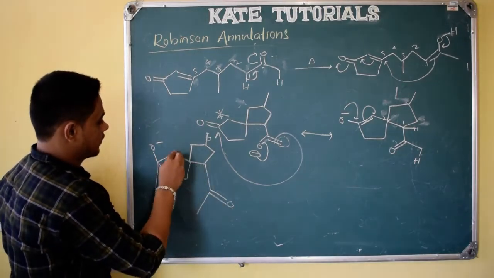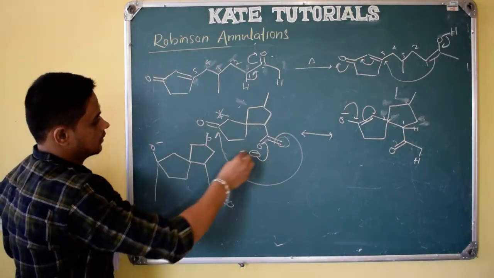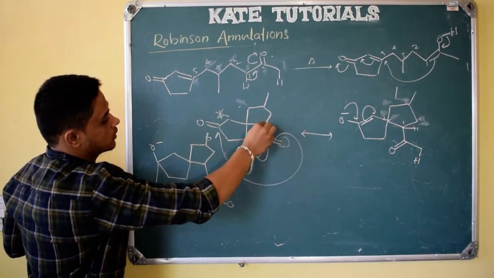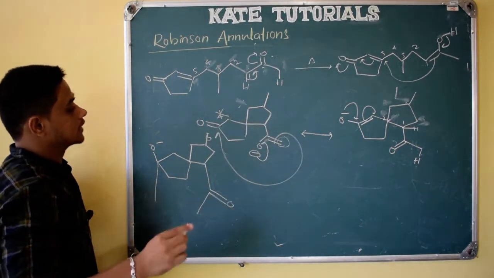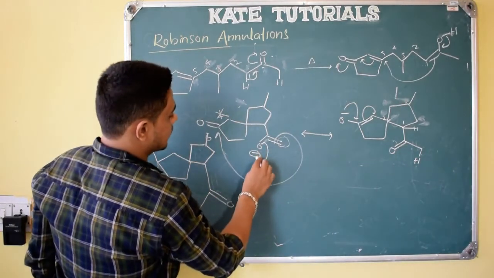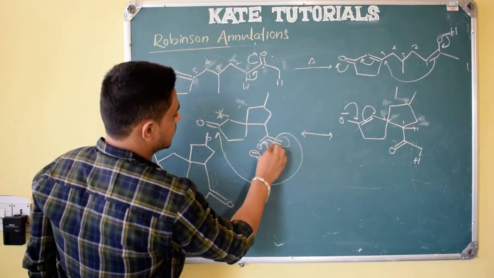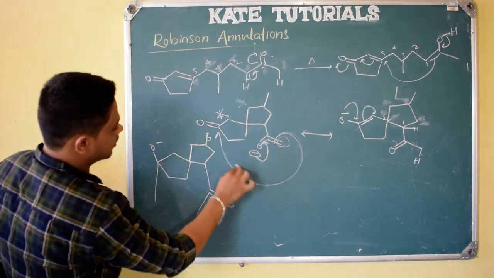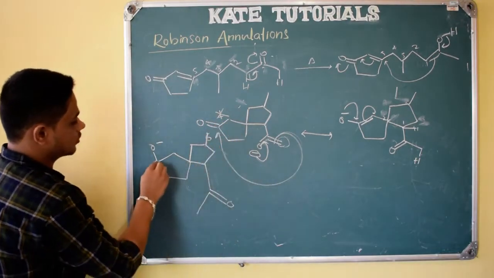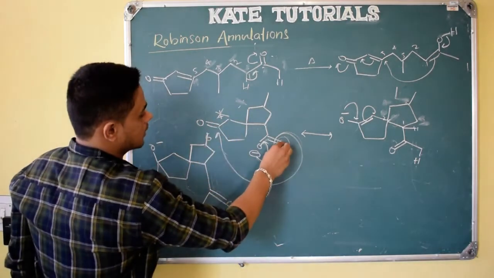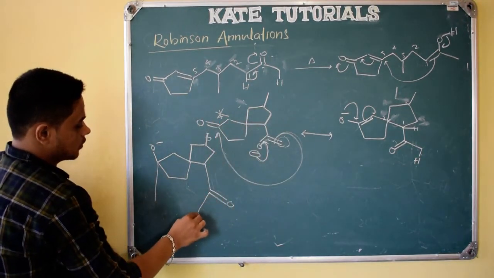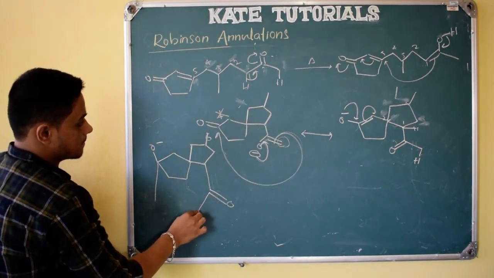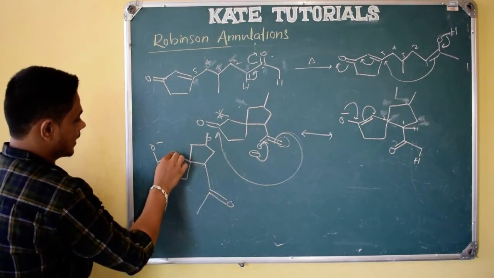One, two, three, four, five. 1, 2, 3, 4, 5, 6-membered ring, okay. Sorry, not 5-membered, 6-membered ring. You are getting it, right? Oxygen negative electron density, and this carbon will bind to this carbon, right? So a 6-membered ring, 1, 2, 3, 4, 5, 6.